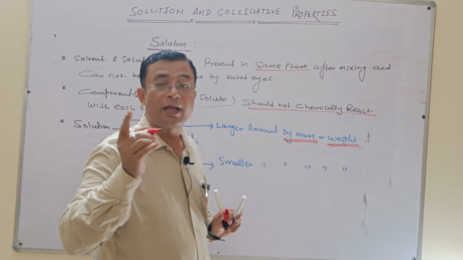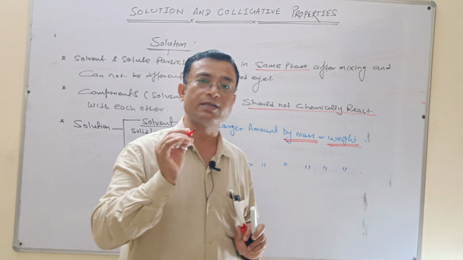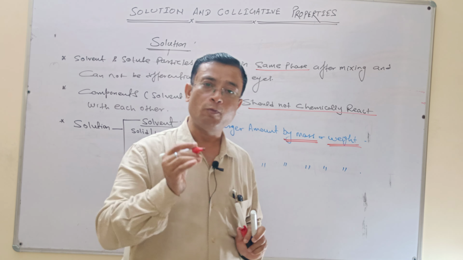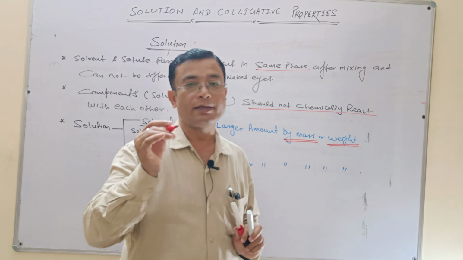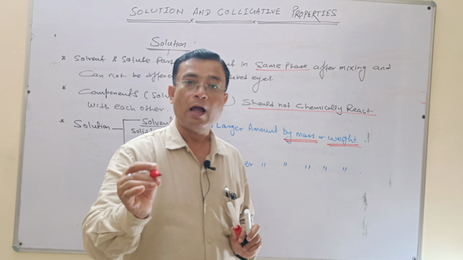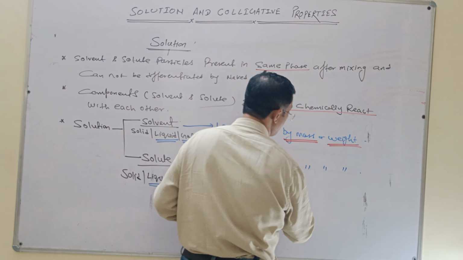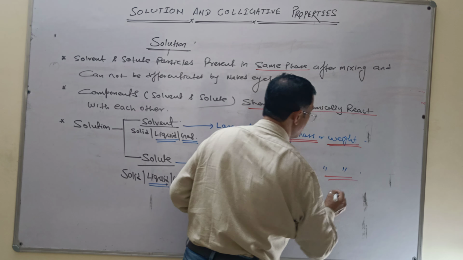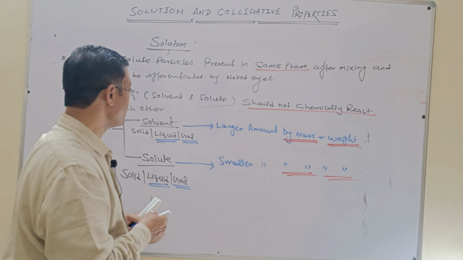Because it is temperature independent, it does not depend on the temperature. It always remains consistent. But when we take volume, it is temperature dependent. According to the temperature, it increases or decreases. Therefore, volume is not reliable and mass is reliable. Therefore, we have taken mass or weight here for liquid as well as gas substances.